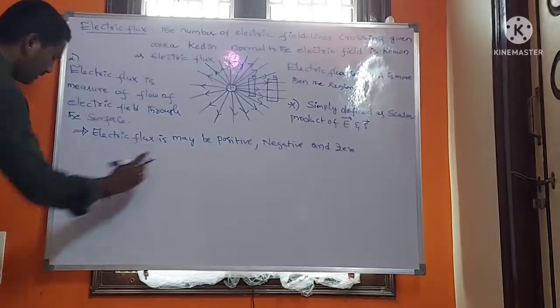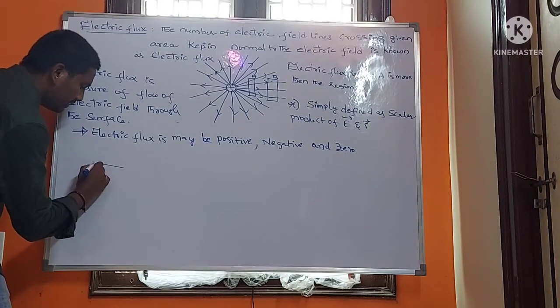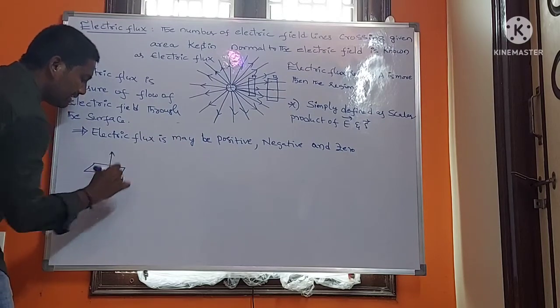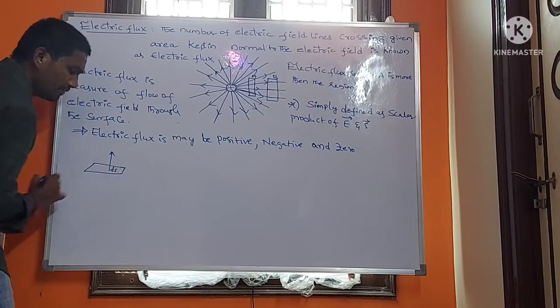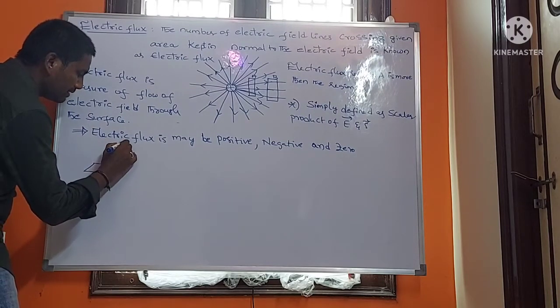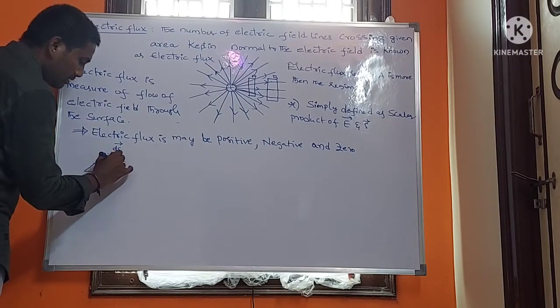In this condition, for example, we already know that the surface area is treated as a vector quantity. Here the area element is taken as dS, and dS is represented as a vector, also n.